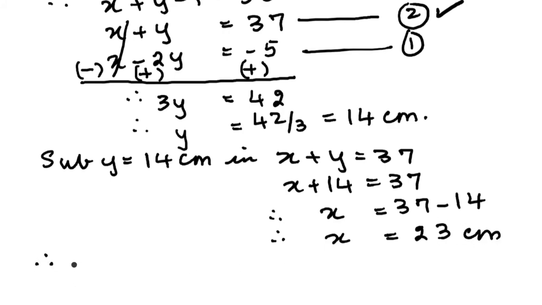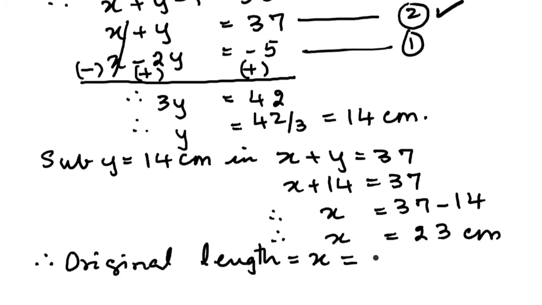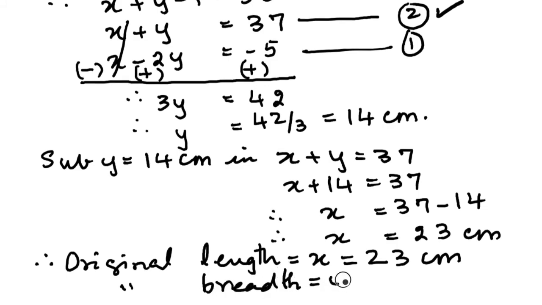So we will say therefore original length equal to x equal to 23 centimeter and original breadth equal to y, which is 14 centimeter, and that becomes our answer.